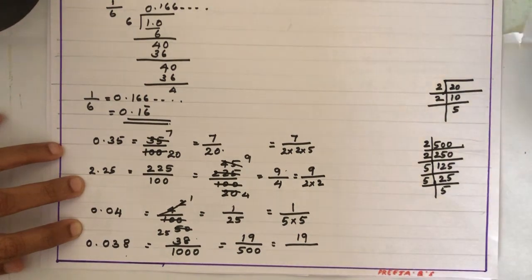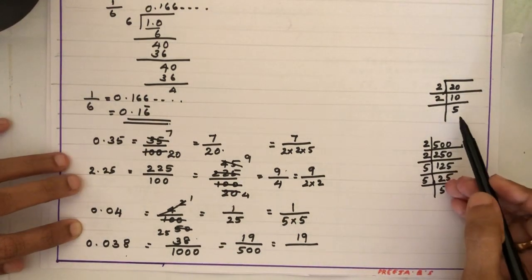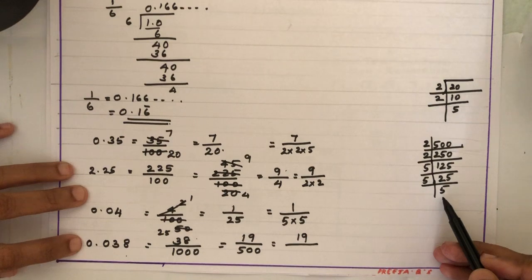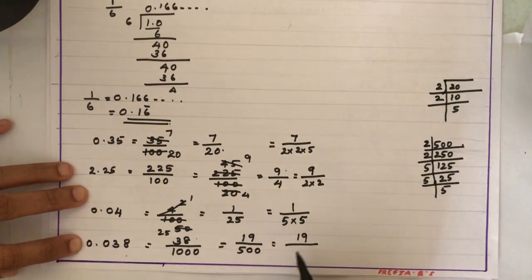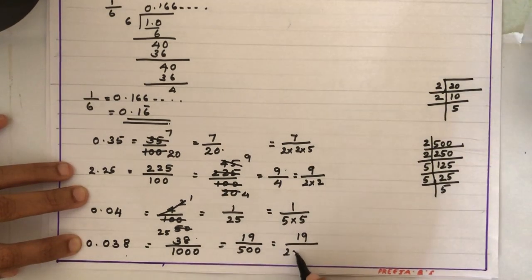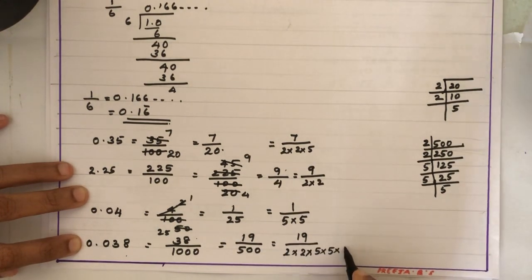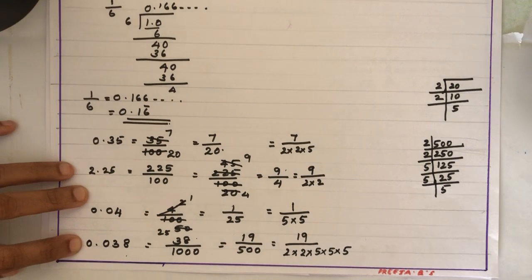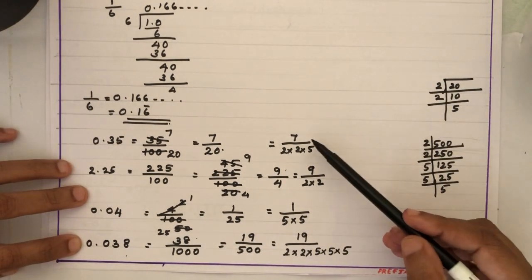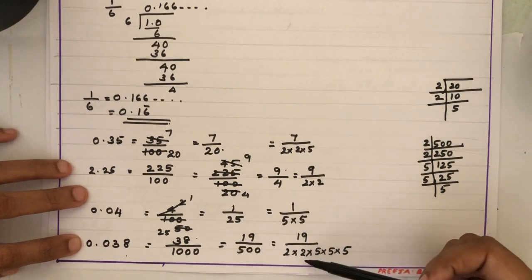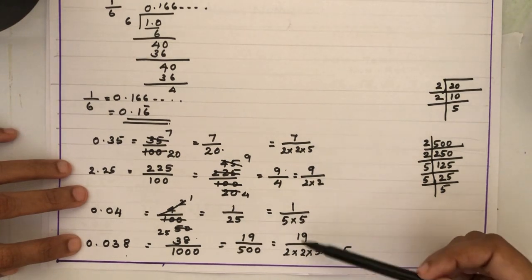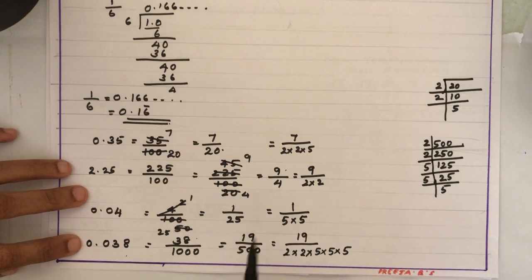We complete the prime factorization when we get a prime number. So 500 can be written as 2 into 2 into 5 into 5 into 5. Okay children, so just check the rational forms. Is there any speciality? Check the denominators.